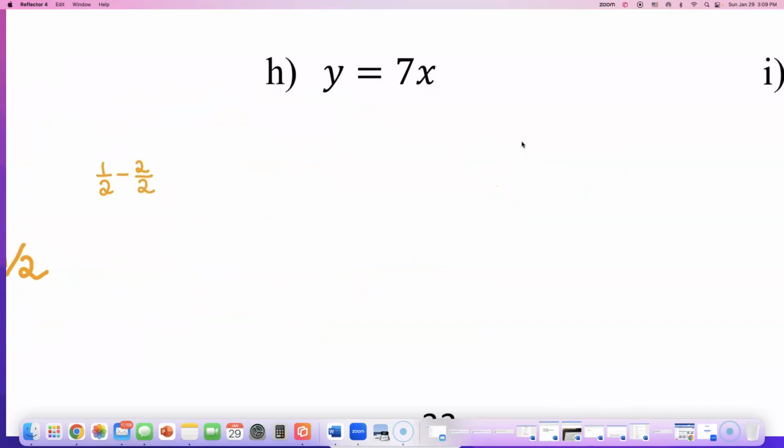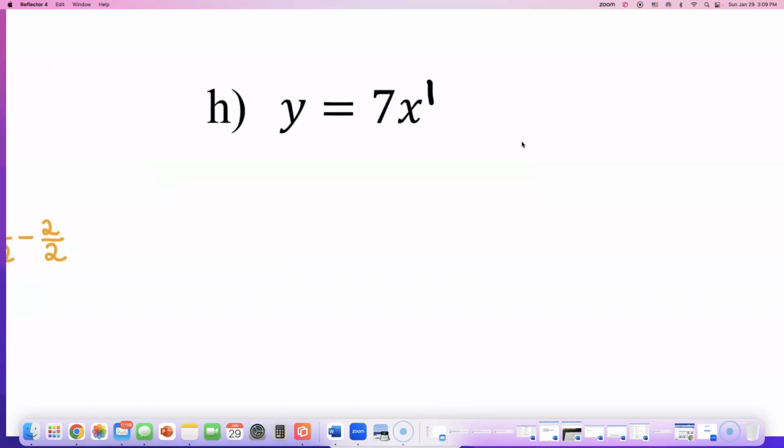All right, last one. y equals 7x. I don't see an exponent, so I may just put a 1 for the x's hidden exponent. So the derivative will be, I need to bring down this 1 to the front. But look, when it comes down, it's going to meet that 7. So I will now need to do 7 times 1. And 7 times 1 is just 7, right?